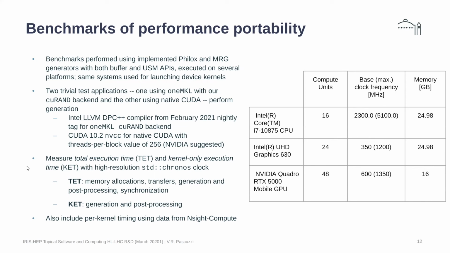Our measures are based on 2 metrics. One is the total execution time, TET, and then the kernel only execution time, KET. The difference is that the TET includes memory allocations, data transfers, generation, post-processing, and synchronization, whereas the KET timing only includes generation and post-processing.